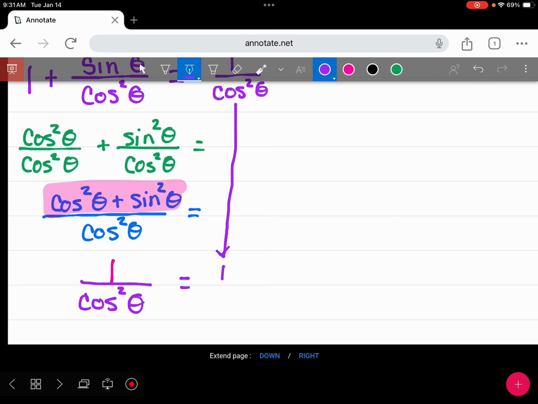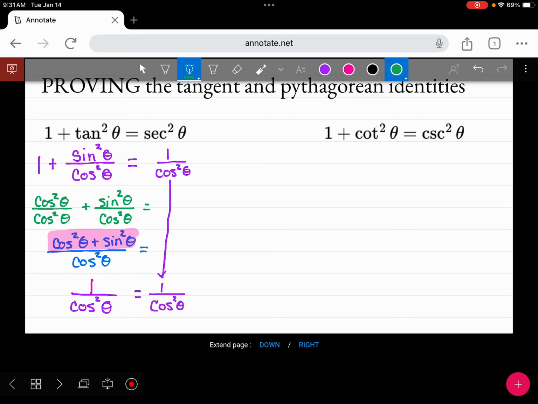If you didn't switch it to cosine squared at the beginning, we would just notice that 1 over cosine squared is the same thing as secant squared, because 1 over cosine is secant. But this is how we do our verifying. We're going to have a big stretch where we're only looking at one side. It's okay if we do a little manipulation on both sides, but we're going to focus mostly on one side.